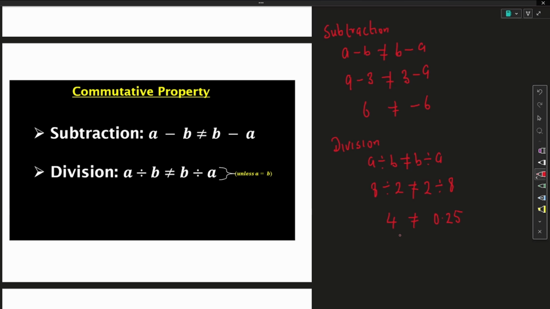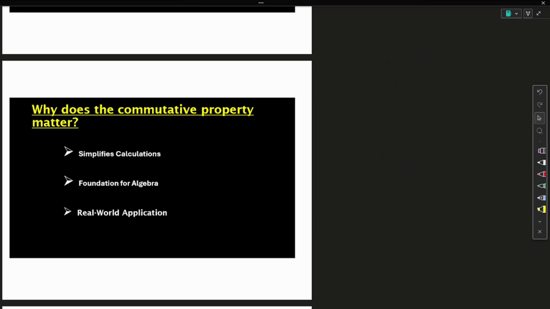You might be wondering, why is the commutative property so important? 1. The commutative property helps us simplify our calculations. Imagine you have a long equation. The commutative property allows you to rearrange the terms to make our calculation easier.